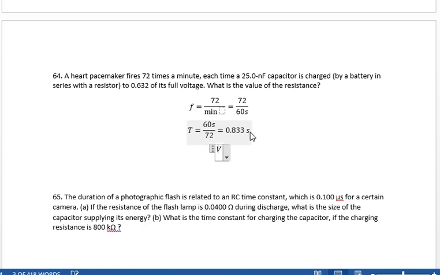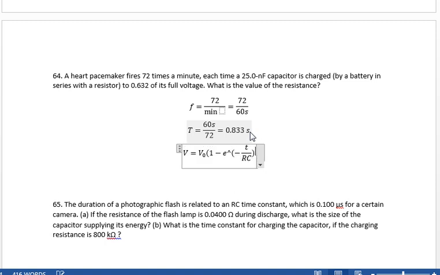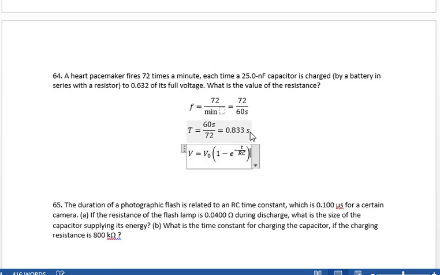Well, the voltage across the capacitor goes as V naught, which is the full voltage, times 1 minus e to the minus t over RC. So that's the equation for the voltage across the capacitor as it's charging through some internal resistance.